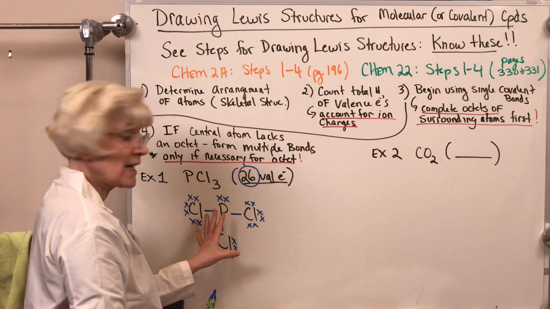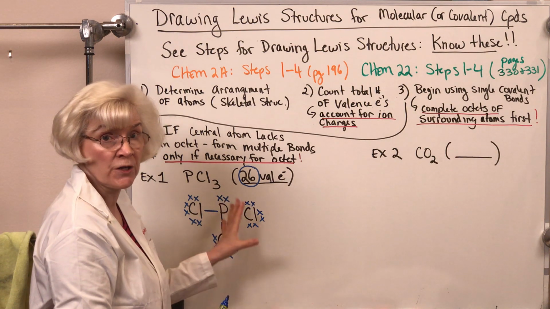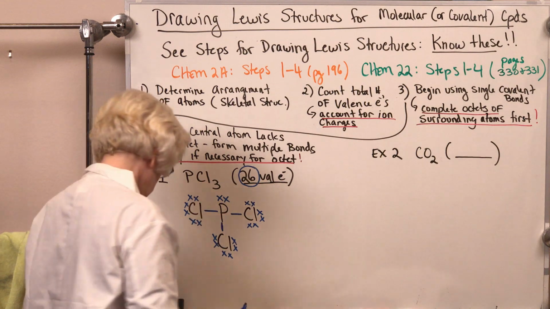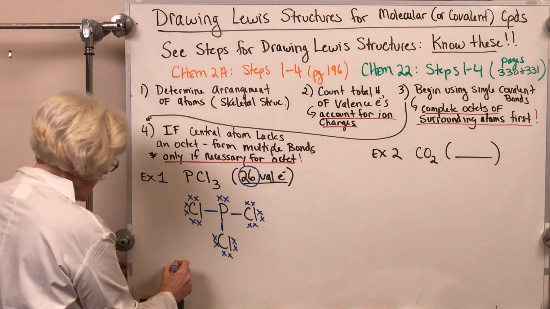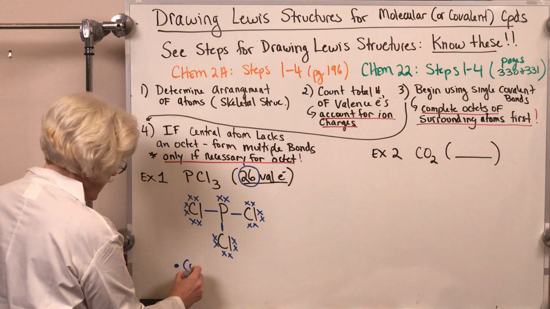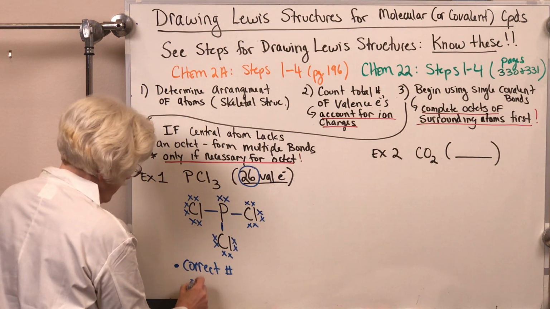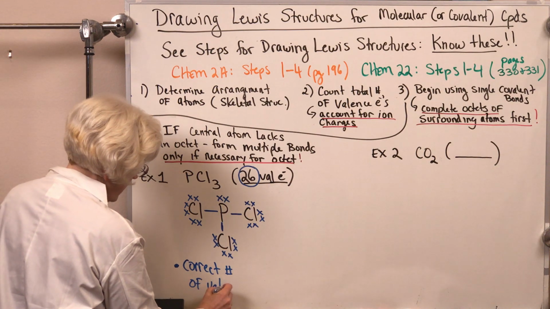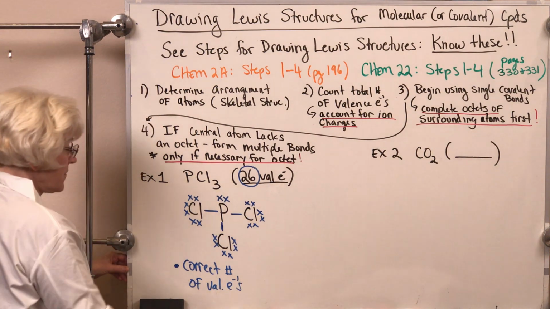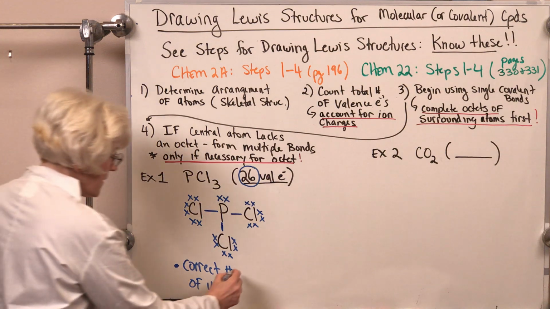So when you are checking your structure, when you're finished, does it look good? These are the things that you have to ask yourself. Does it have the correct number of valence electrons in the picture, the correct total number?